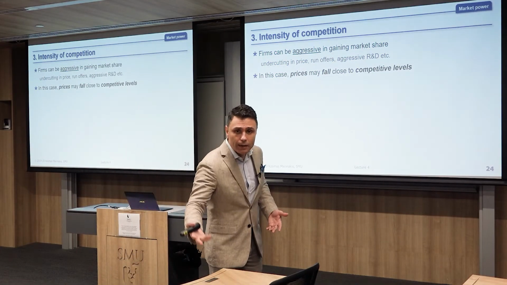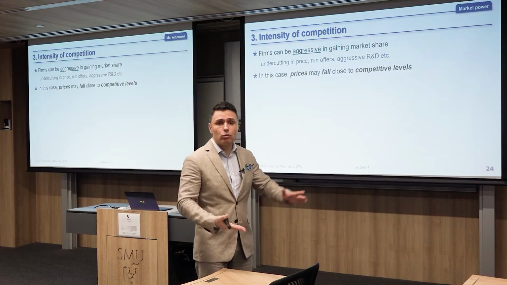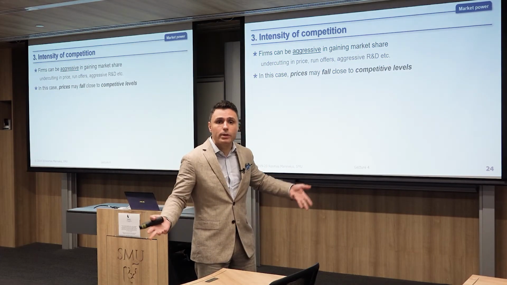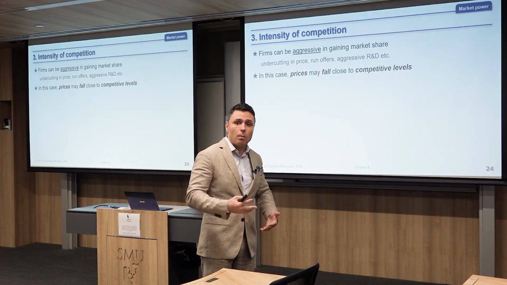That you are losing your market power. If you go down to a competitive price, your market power is zero. So the more aggressive the competition, the less market power will remain with you.